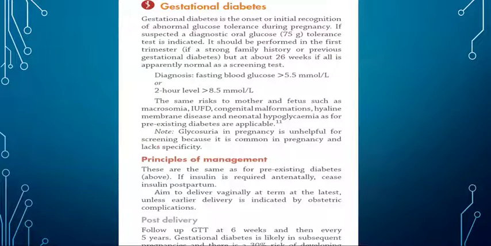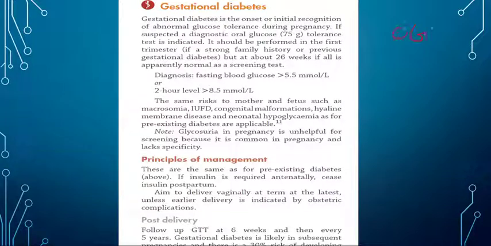Now, a very important topic is gestational diabetes. Gestational diabetes means when you diagnose a high blood sugar or abnormal glucose tolerance for the first time during pregnancy. If you get a high blood sugar level during pregnancy, the next test that you need to do to confirm the diabetes is the oral glucose tolerance test, OGTT.